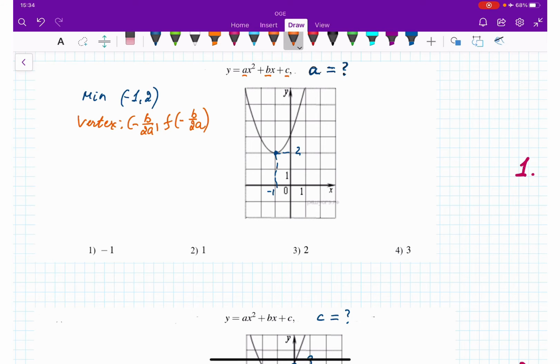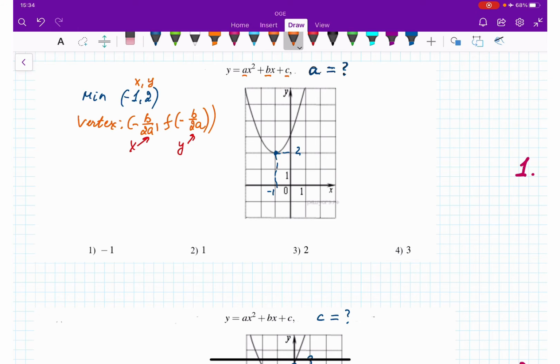When we say minimum, this is my x, right? And this is y. This is x, and y is this one. So for the minimum vertex, it's a minimum, correct?